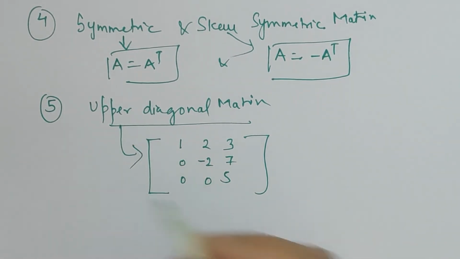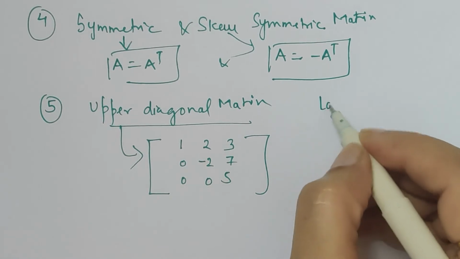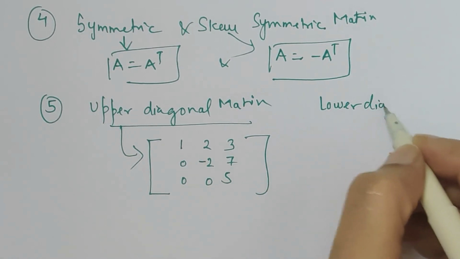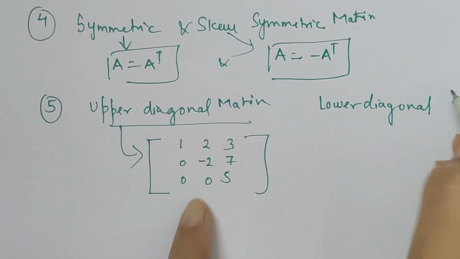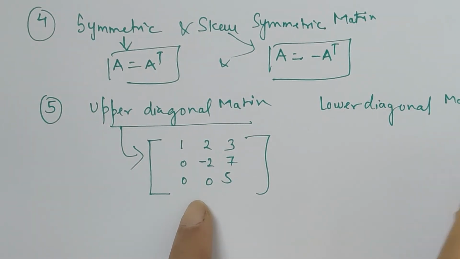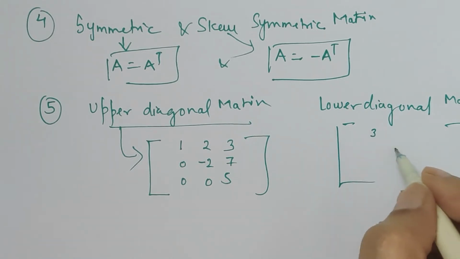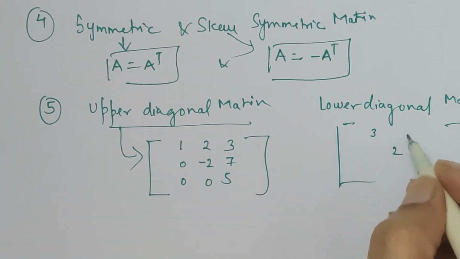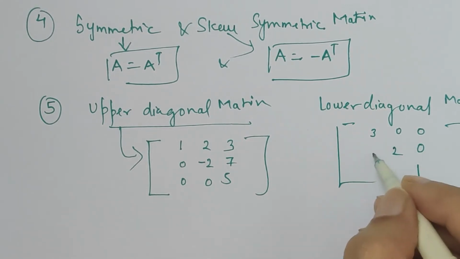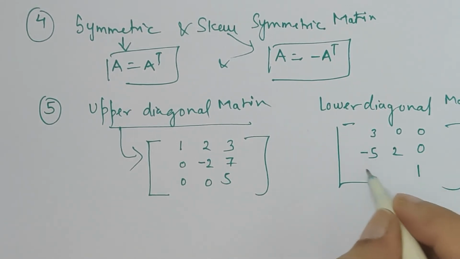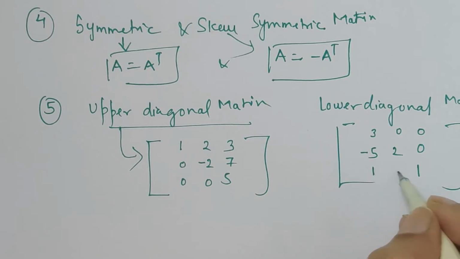So this is called upper diagonal. And lower diagonal matrix is just its reverse. If we have non-zero elements below the principal diagonal, and here we have 0, then it is called lower diagonal matrix.